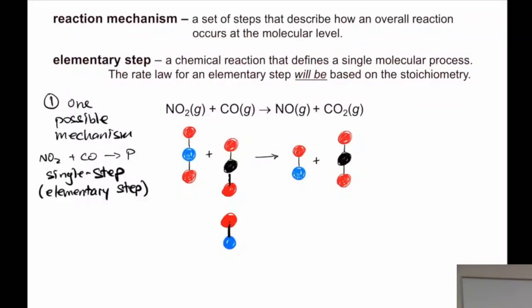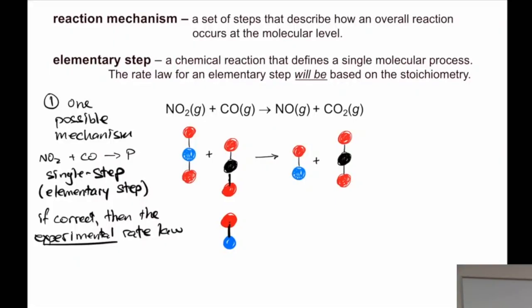If this elementary step is correct, then the experimental rate law that we derive from the actual data would match the stoichiometry.